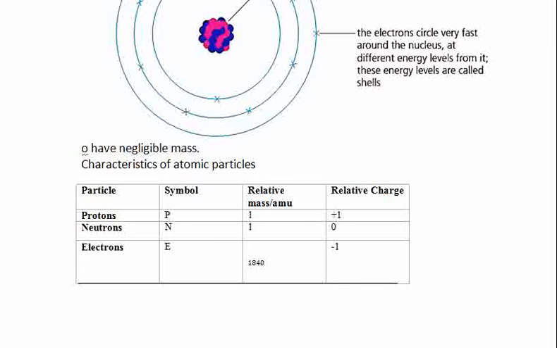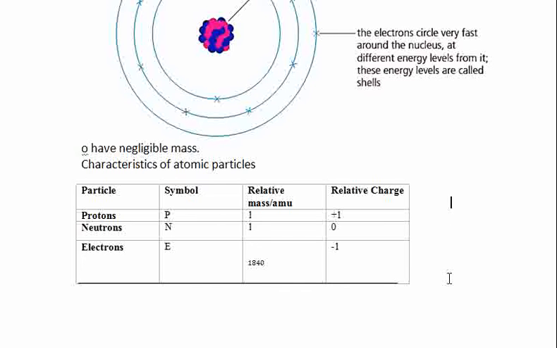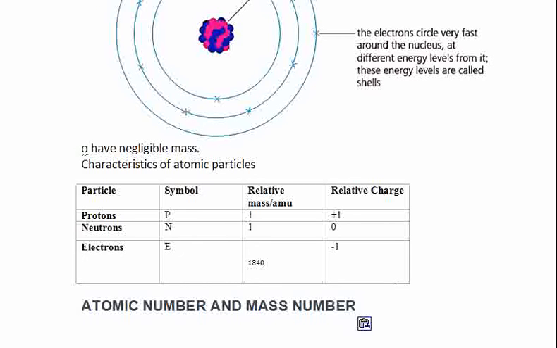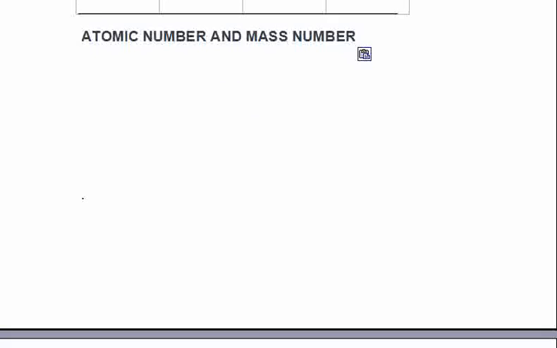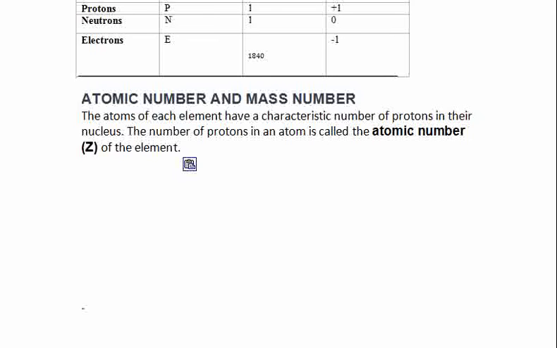Okay, after we look at this, we are now going to go to the atomic number and mass number. Under this, atoms of each element have a characteristic number of protons in their nucleus.